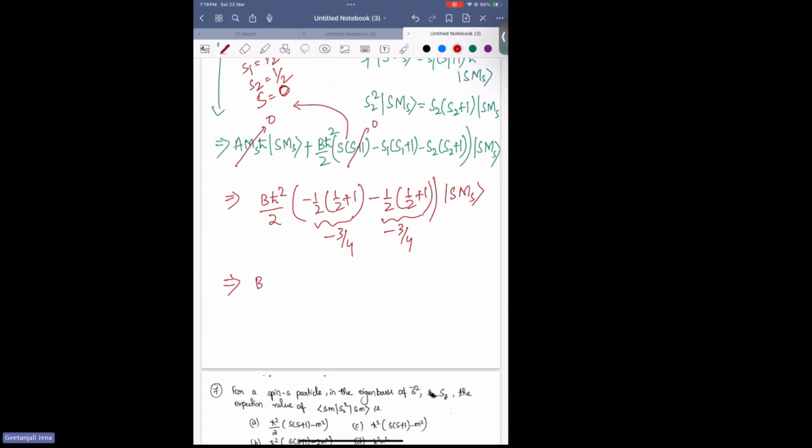So that means you got BH cut square by 2 minus 3 by 2 SMS. So this is the eigenvalue. This is the energy you will get for S equal to 0 state. So that means the energy of the particle will be minus 3 by 4 BH cut square.